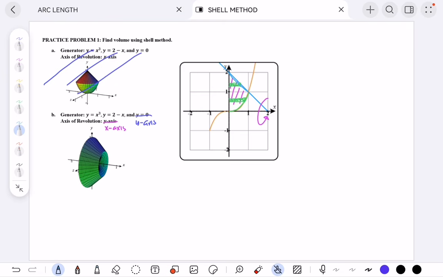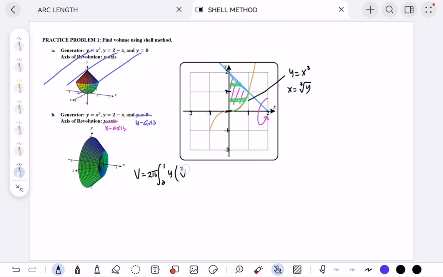So in other words, the volume is defined as 2 pi integral from 0 to 1 of y times, for this part here, the function is y equal to x cubed. So x is the cube root of y.